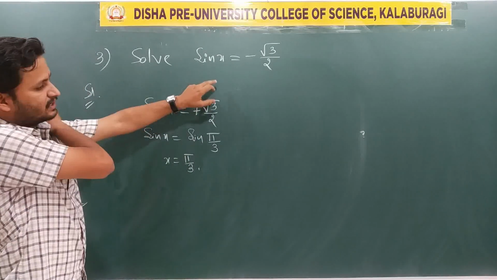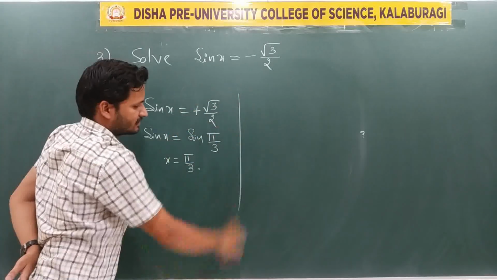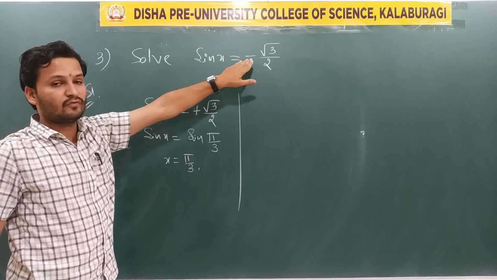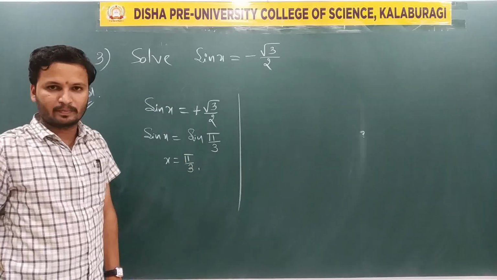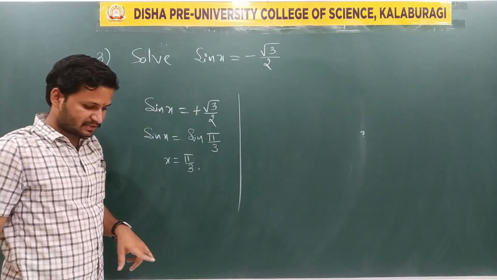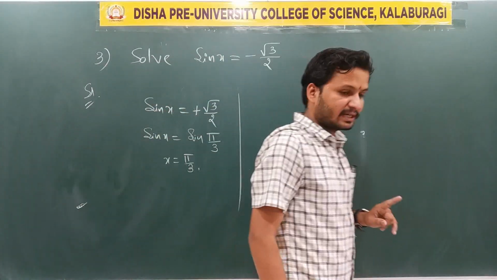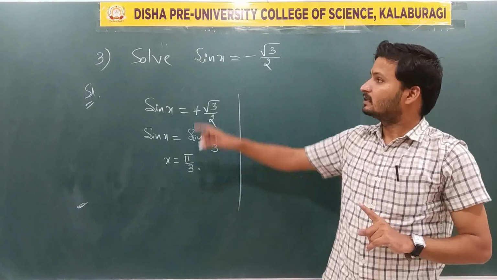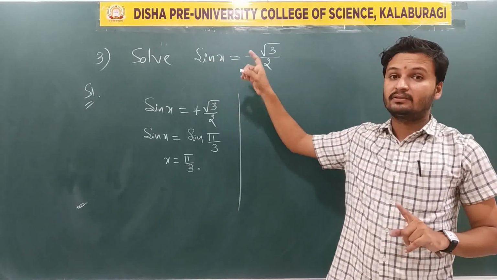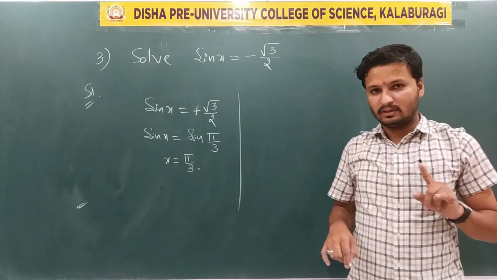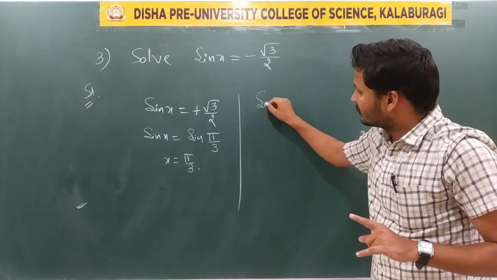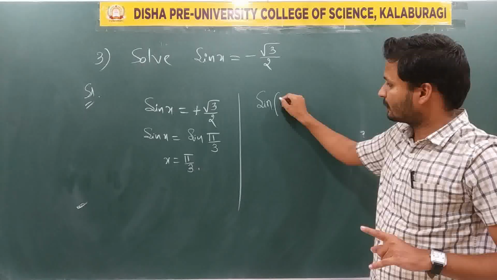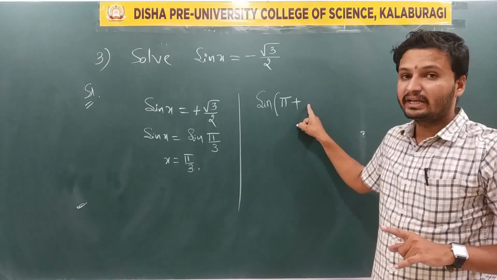Here the sin function is negative. That means sin x is taking a negative value, that is minus root 3 by 2. So in which quadrant is the sin function negative? It is in the third quadrant and in the fourth quadrant. Correct? Sin is negative in the third as well as the fourth quadrant. So I am writing sin of the third quadrant, that is pi plus theta.